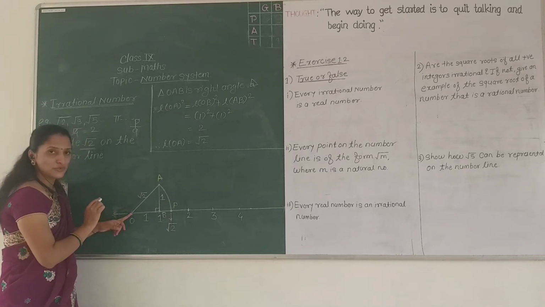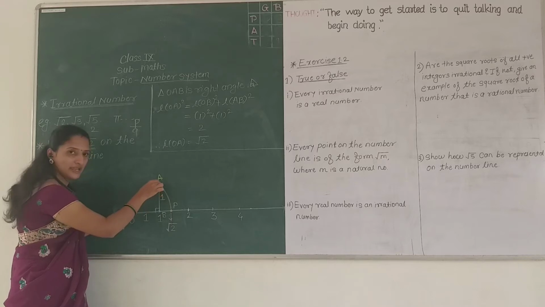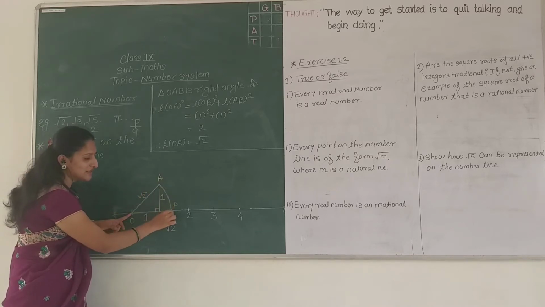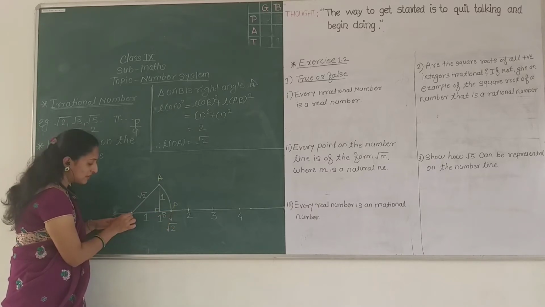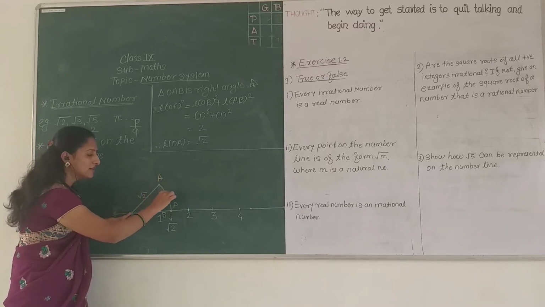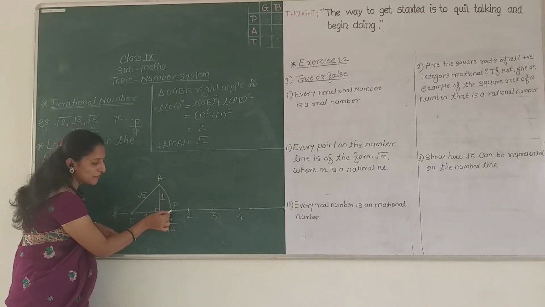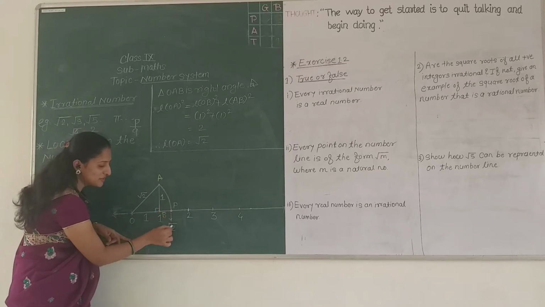For this, use a compass. Take the radius OA and draw an arc intersecting the number line. Here we get the point P, the intersecting point is P, and this point shows the number root 2.